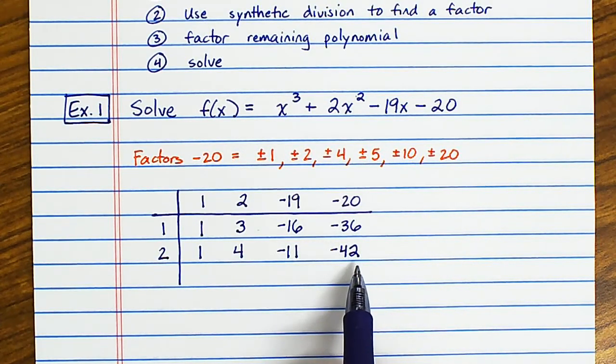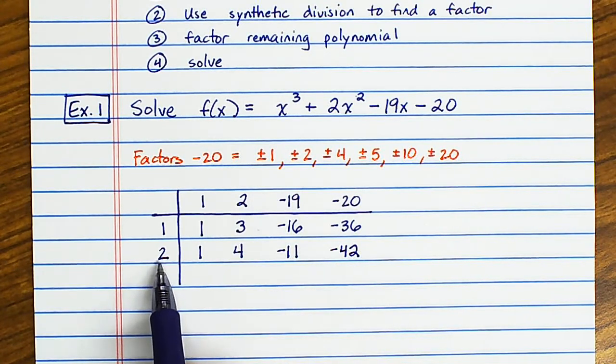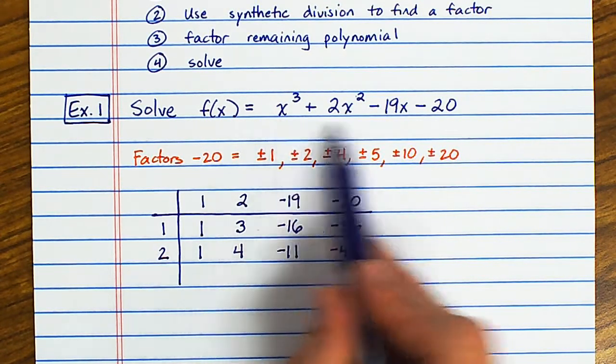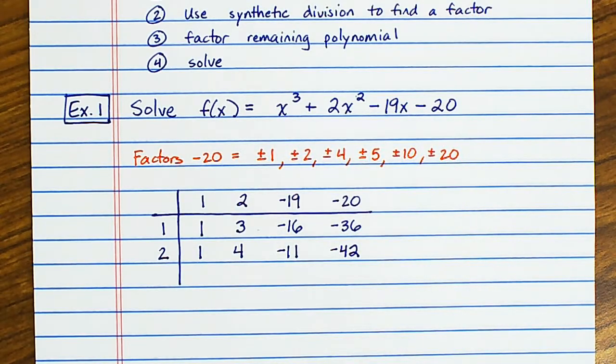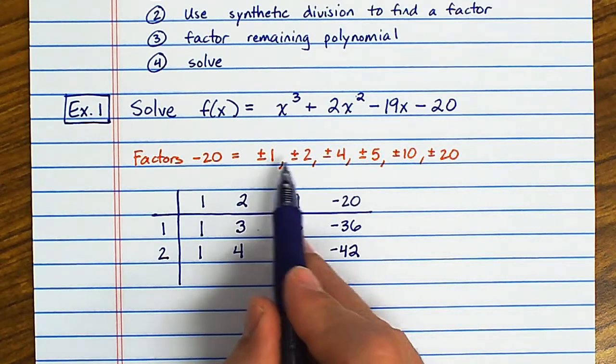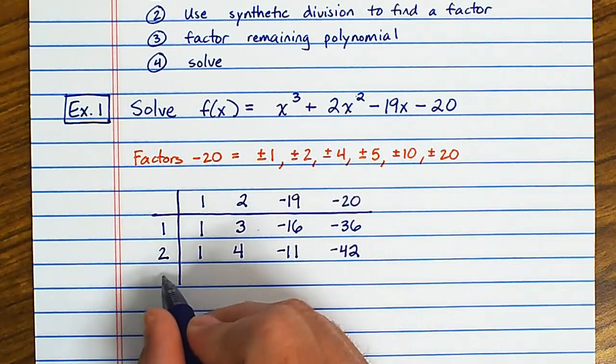This is my remainder. It is not 0. So that means 2 is not a factor of this polynomial. And I go to the next one. So we did 1, we did 2. Now I'm going to 4.